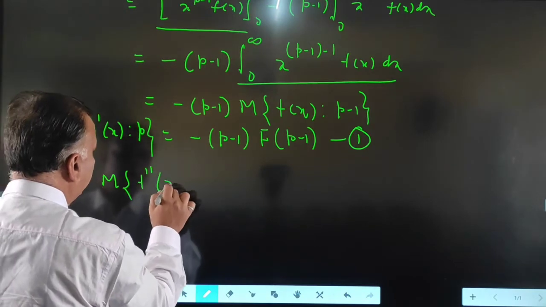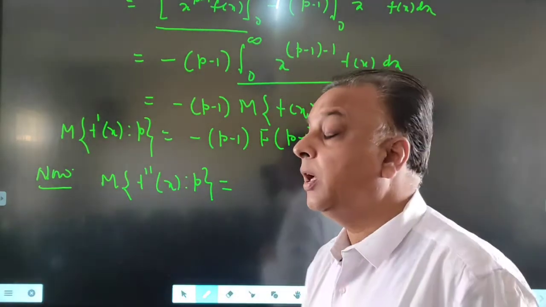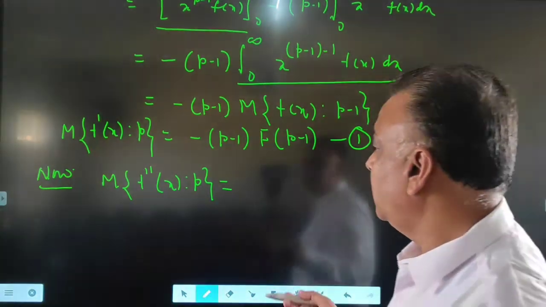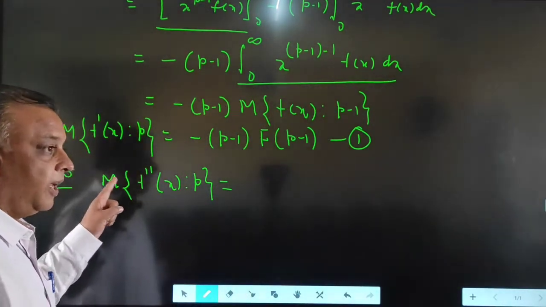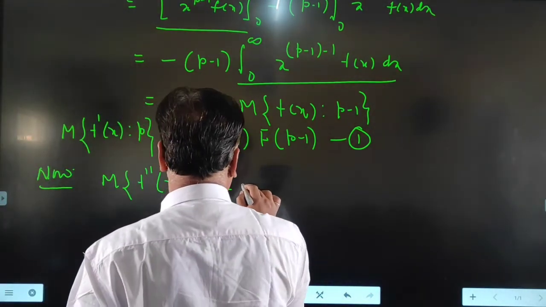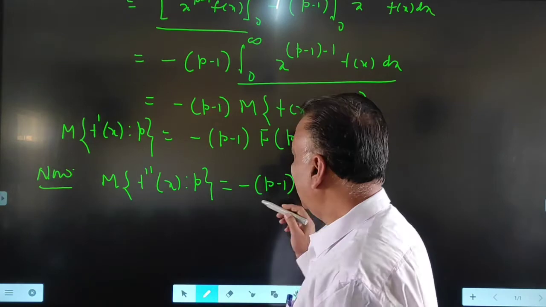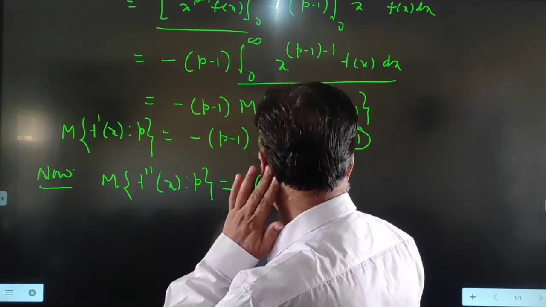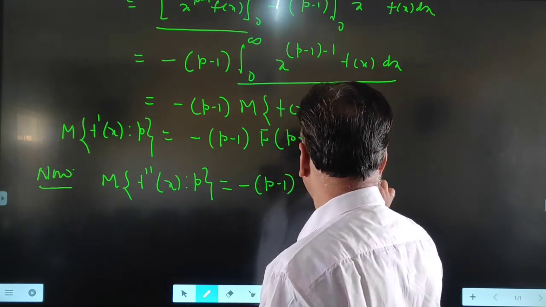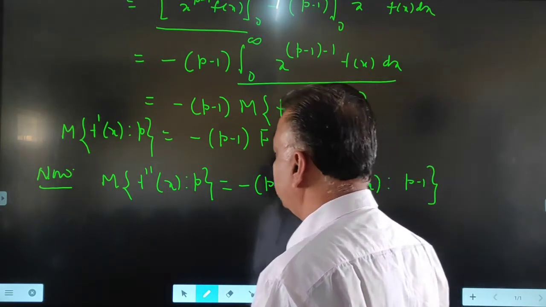Now proceeding the same way, we find the Mellin transform of f double dash x with respect to p. Proceeding the same way as in equation 1, replacing f dash x by f double dash x, we find this is minus (p minus 1) times the Mellin transform of f dash x with respect to parameter p minus 1.